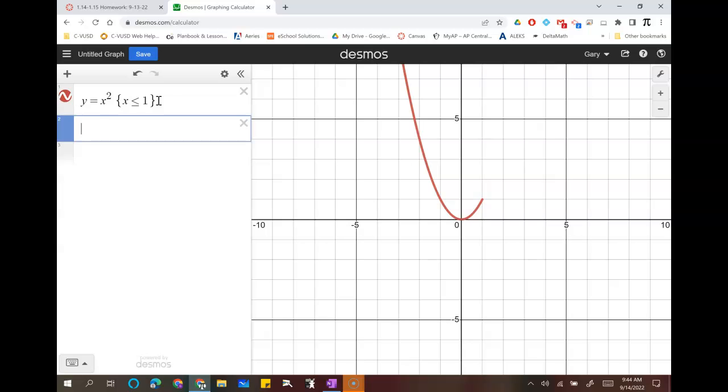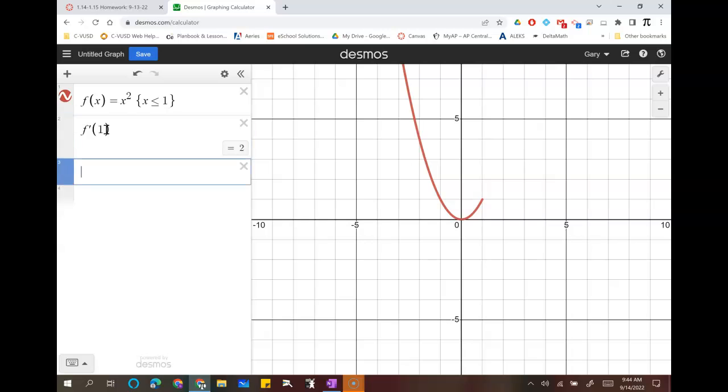What is the derivative of that quadratic at 1? What's the derivative of x squared? 2x. Plug in 1. 2. Let's call this f of x. And so f prime at 1 is 2. Right? So what I need is a linear function with a slope of 2.